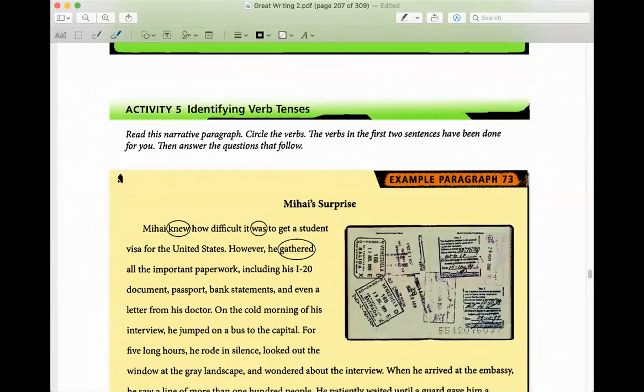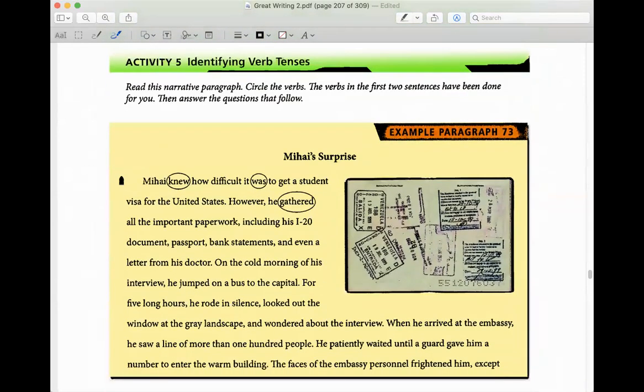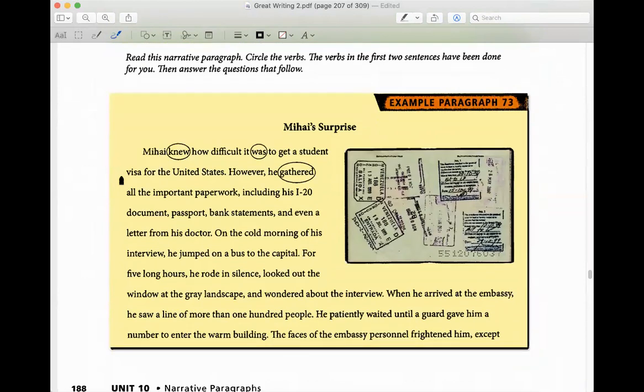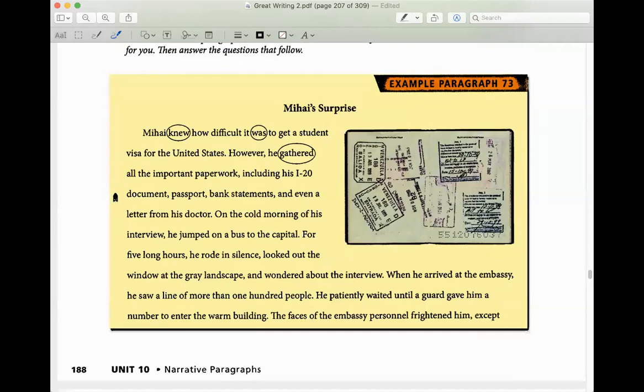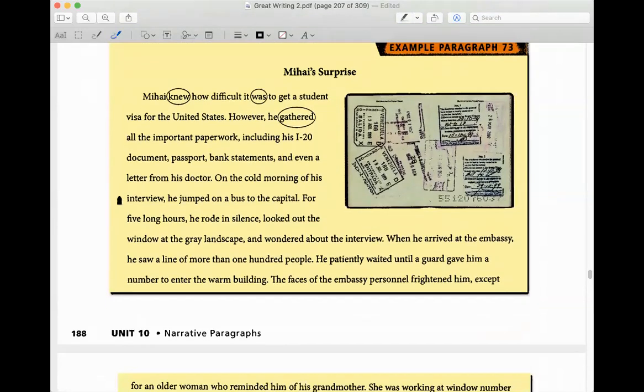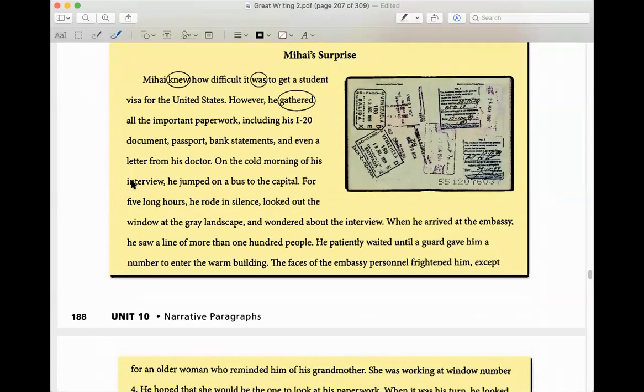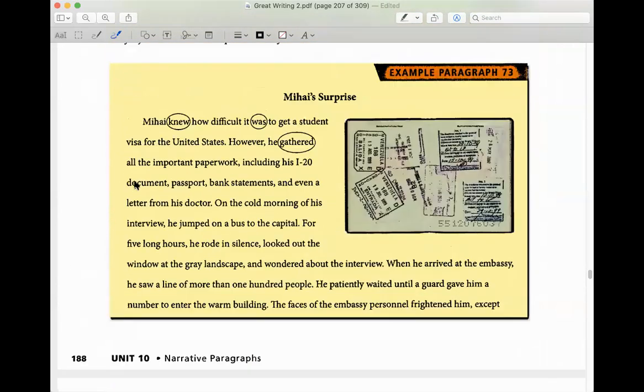So you're probably going to be using past tense. If you wanted to feel even more immediate and like the reader is right there in it with you, you could use present tense as well. But whatever you choose to use, you want to be consistent throughout your paragraph.